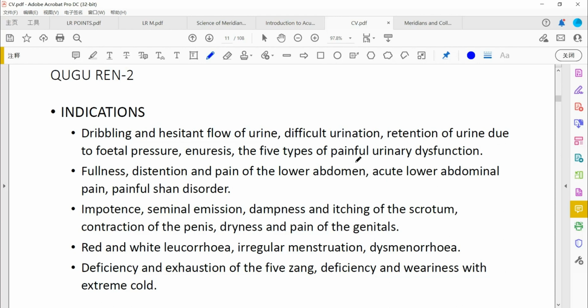The 5 types of painful urinary dysfunction. Painful urinary dysfunction in Chinese is lin, that's a UTI. And UTI is a kind of painful urinary dysfunction.